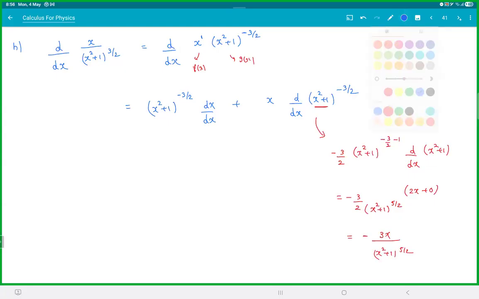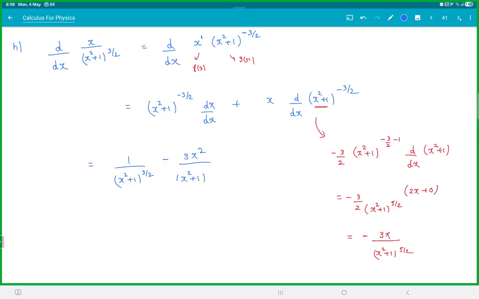Perfect. So when you substitute this thing here, that would be 1 by x square plus 1 whole power 3 by 2 minus 3, and there is an x sitting here already, x square by x square plus 1 whole power 5 by 2. You can actually simplify this further. If I take out x square plus 1 whole power 3 by 2 common, this becomes 1 minus 3x square by x square plus 1.